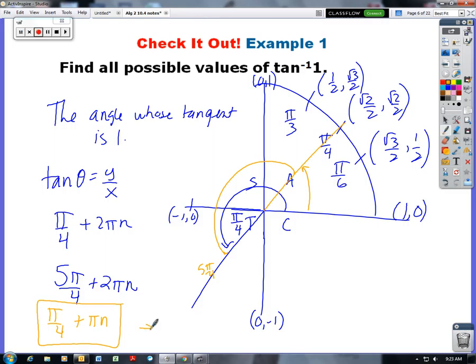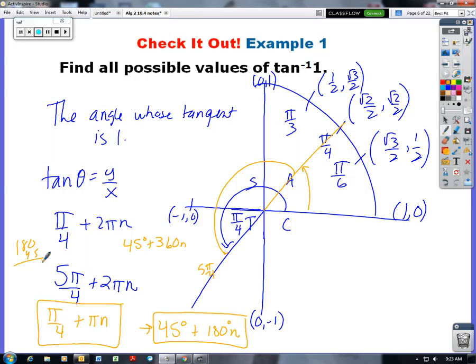So the degree way would be 45 degrees plus 180n. And then up here, this would be 45 degrees plus 360n, and that's going to be degrees. Silly me, I have to think about that. That's going to be 180 plus 45. Is that 215?